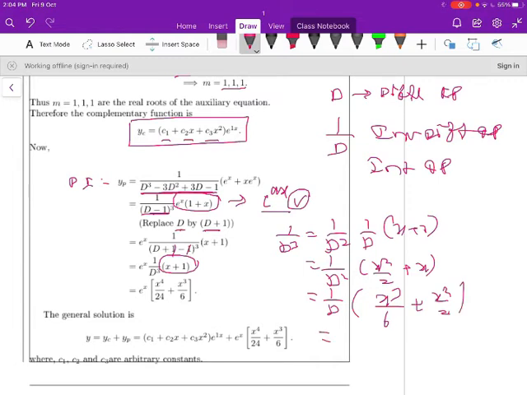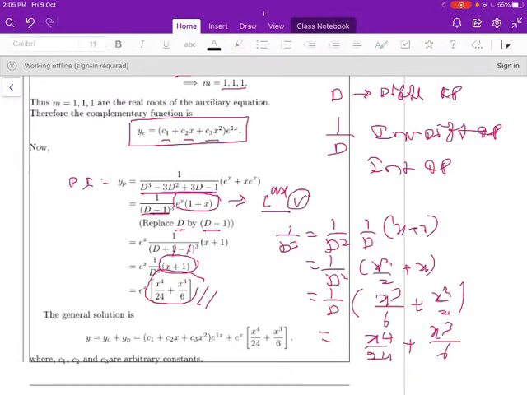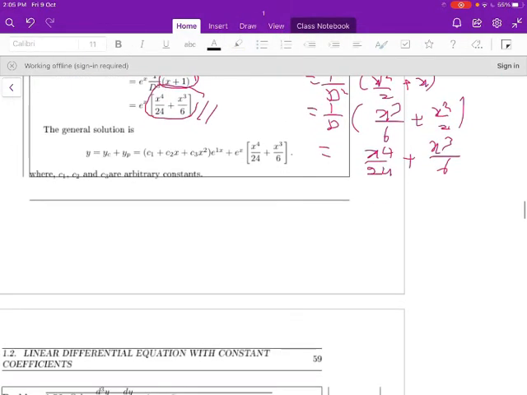Integrating again, we get x to the power of 4 by 24 plus x cube by 6. So that is the integration of x plus 1 three times. We get x to the power of 4 by 24 plus x cube by 6, into e power x. So this is the particular integral of the given differential equation.